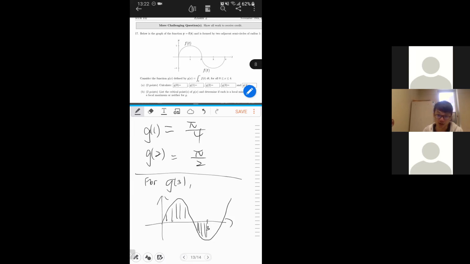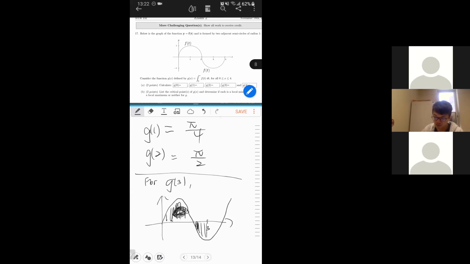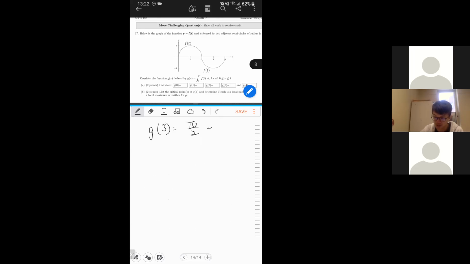The integral is the same as computing the area above x minus the area below x. The area above x is the first semicircle, which is pi over 2. The second piece is a quarter of a circle, so it's pi over 4. So pi over 2 minus pi over 4 is pi over 4.